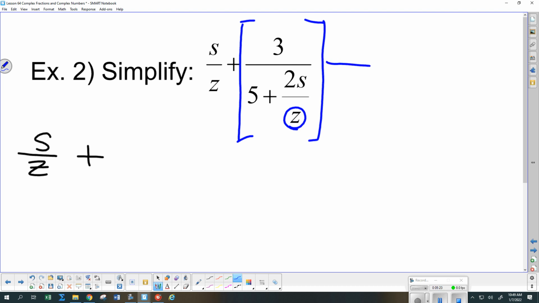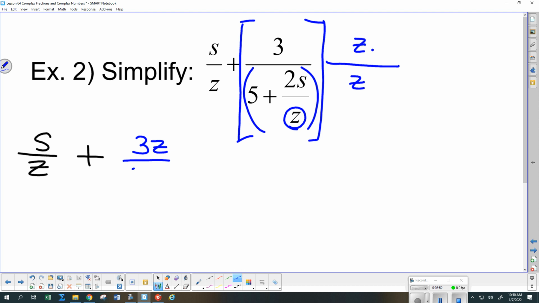So I am going to line up even with my main fraction bar, multiply my main numerator by z and my main denominator by z. Numerator, I just multiply the numerators together, and I have 3z. Denominator, I have a plus sign, so I have to distribute that z, so I multiply that whole denominator by z.